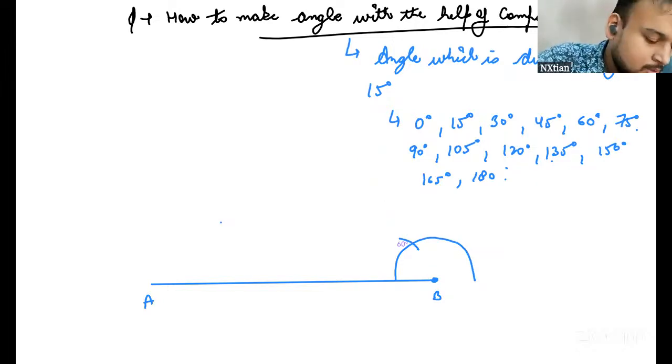Now put your tip on this point, which is the 60 degree you made, and then cut another arc like this.